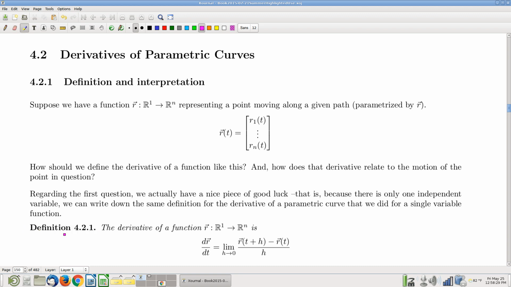Okay, so here's a parametric curve. Parametric curves, right? So we have a function from R1 to Rn. The input variable we very often think of as time. And as a function of time, we have various output variables representing position in the target, Rn. Okay. So, is this a multivariable function, you might say?